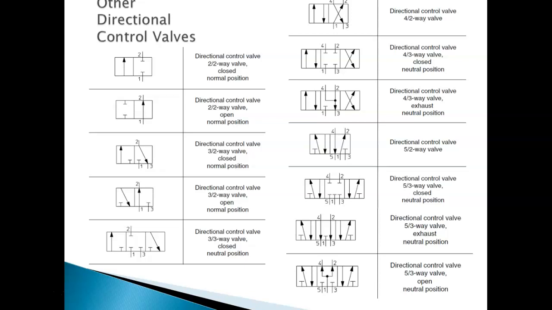So when I draw my symbols for these, I'm basically saying, well, in position 1, I've got my air going to 2, and 3 is not doing anything.